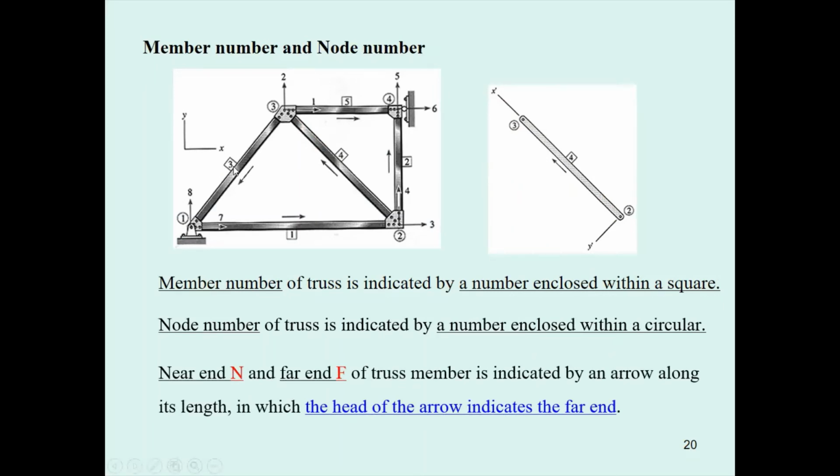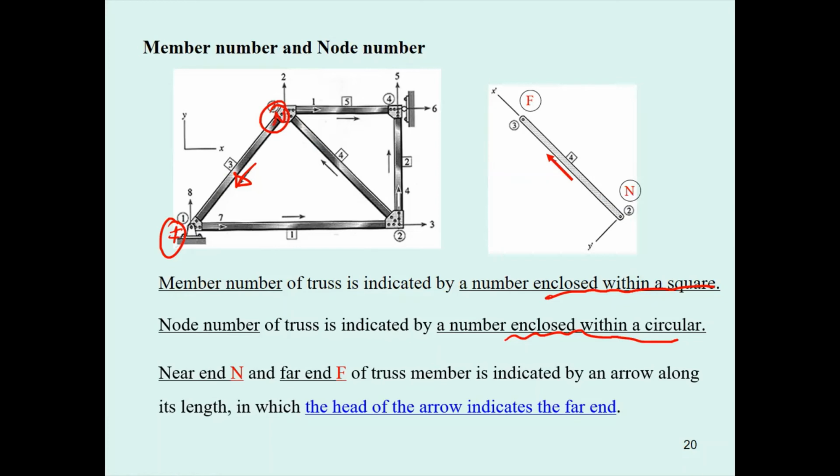The member is just the number enclosed by a small circle. You can see by checking the arrow here, this is going to be the near end, and this is going to be the far end, and the specification of this member will be like this.